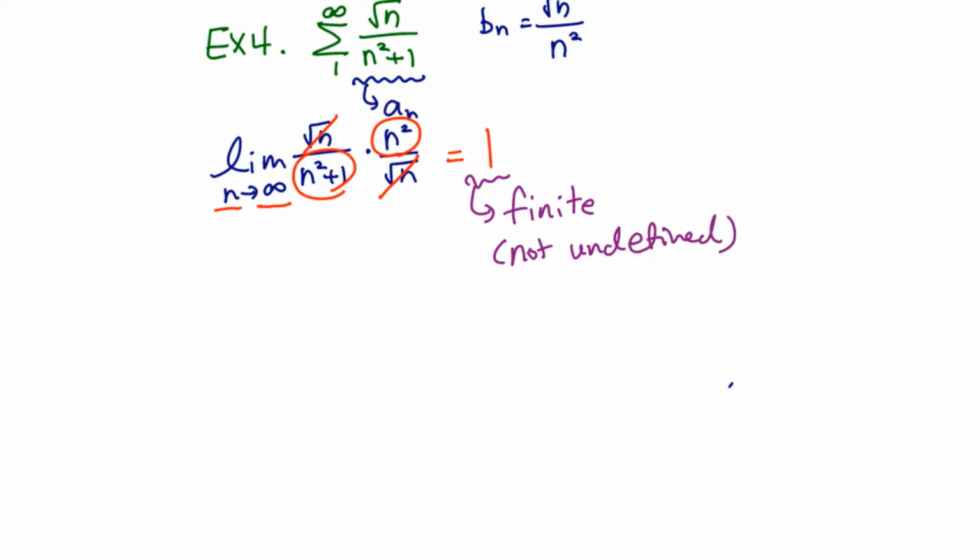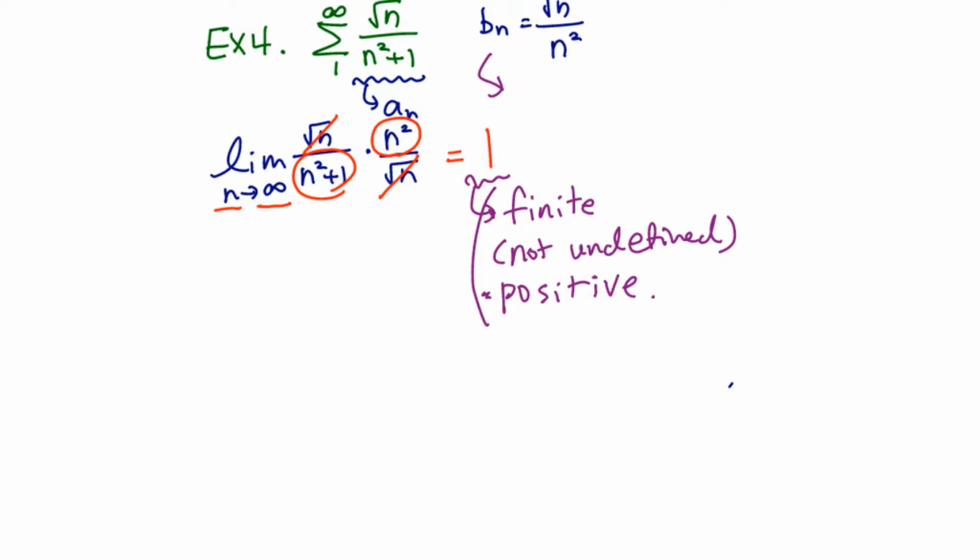That means we have a real number. And it's positive, so it satisfies the conditions. Two conditions here. So we can say that they either both diverge or both converge. So now I'm going to take Bn and see whether this converges or diverges. So Bn is what?